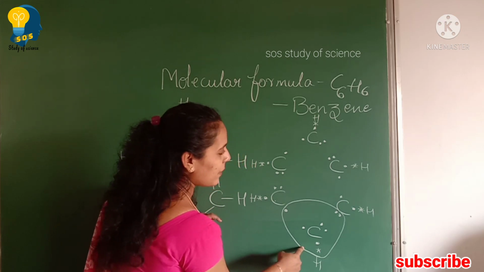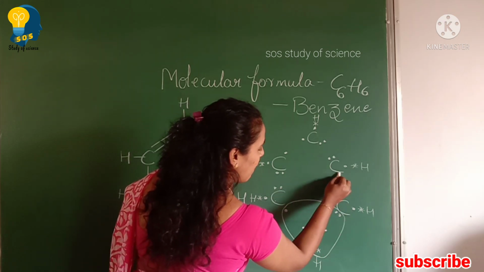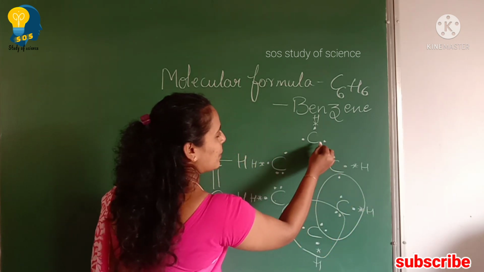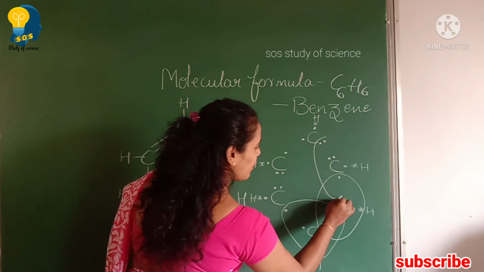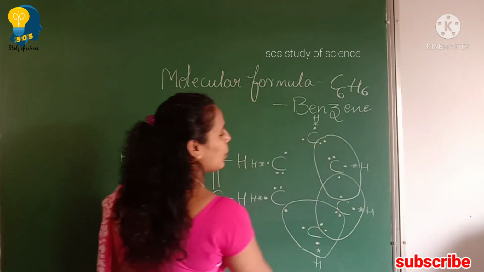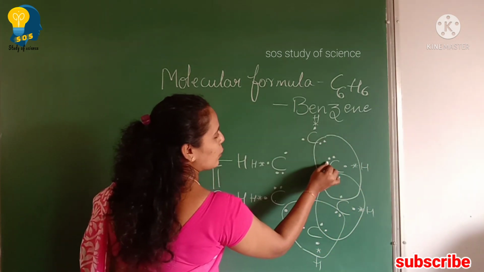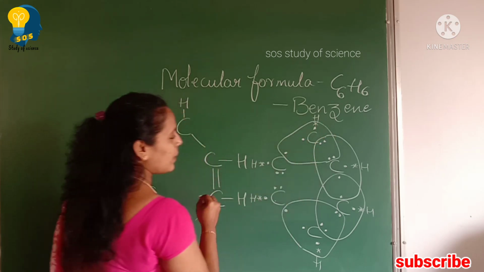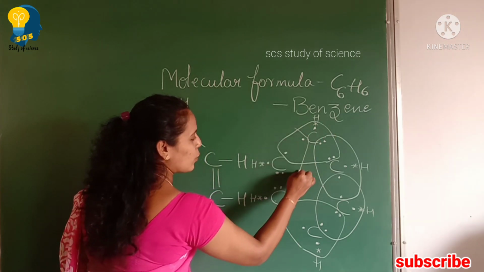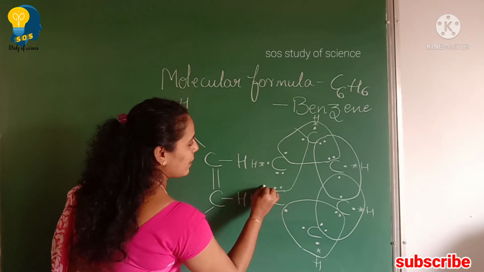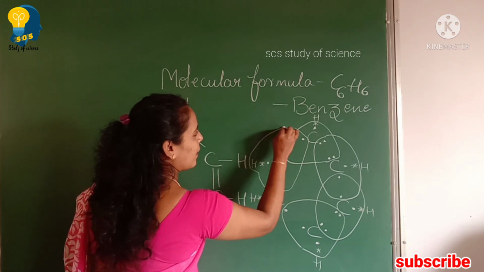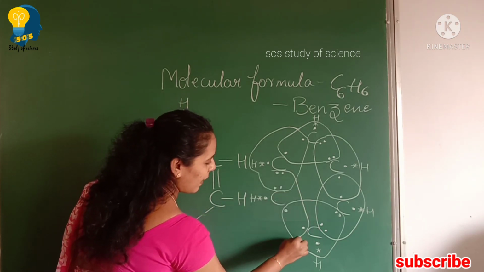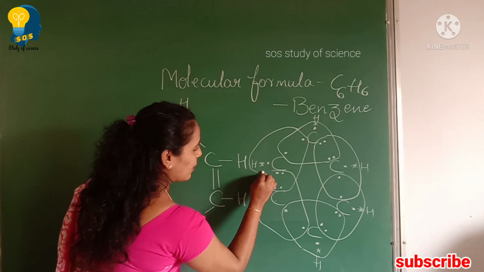This carbon has 8, and this carbon you can see is also having 8, and this carbon is also having 8. This carbon is also having 8, and this carbon also has 8.